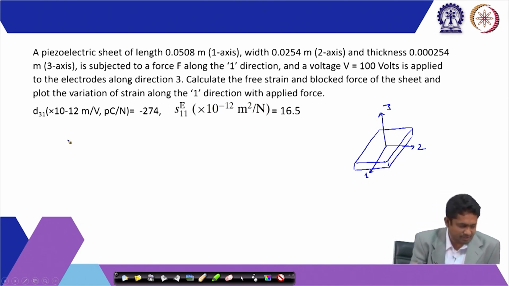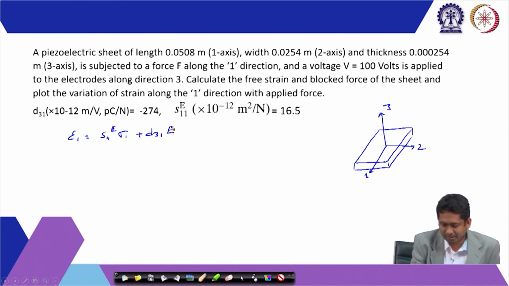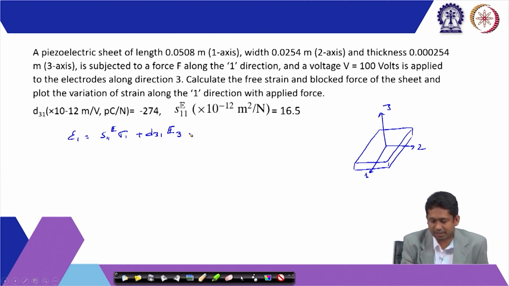To find the free strain, we find this equation useful: S11 equals S11 E multiplied by sigma 1 plus d31 multiplied by the electric field E3. This can help us find the free strain as well as the block force.